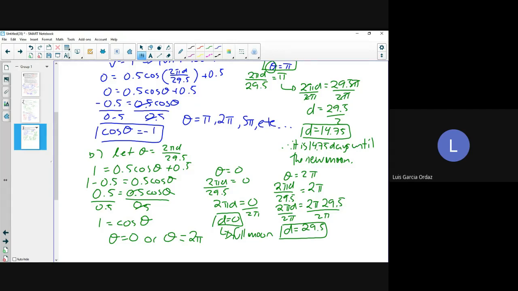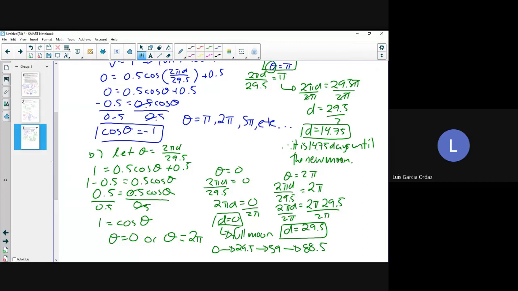So we have a full moon on the first day. We have a full moon on day 29 and a half. Then we have a full moon on day 59. Then we have another full moon on day, what is that, 88.5.